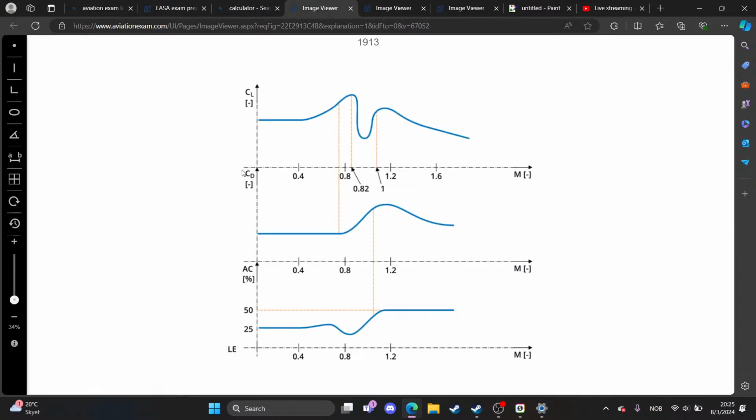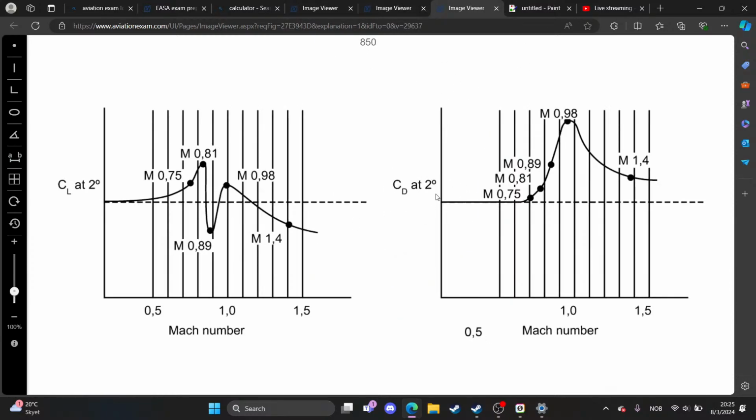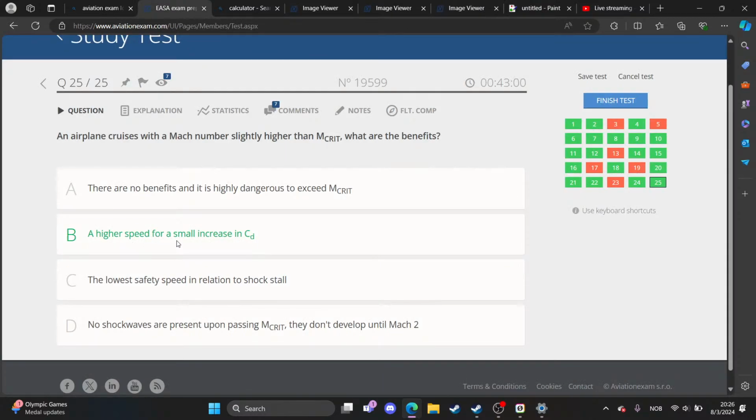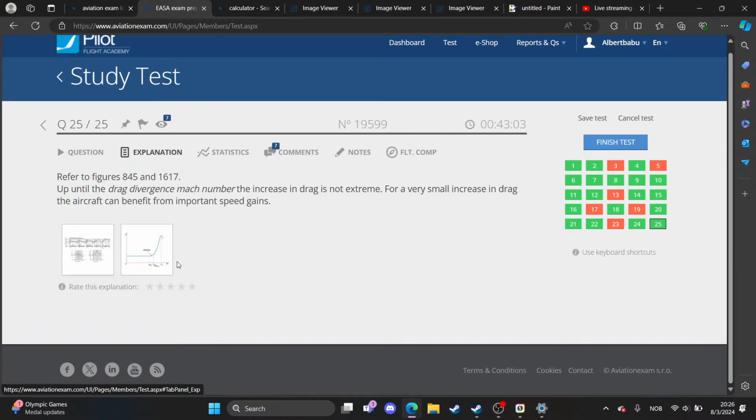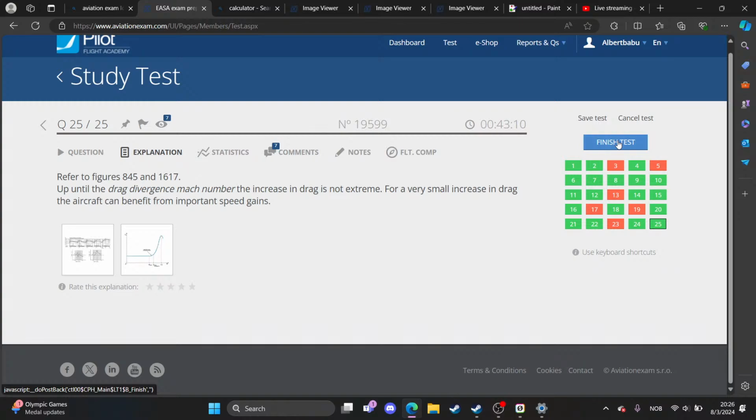If we look at the coefficient of drag, Mcrit is like here, and then slightly above means that you get a higher speed for a small increase in coefficient of drag, right? Okay, it's okay.